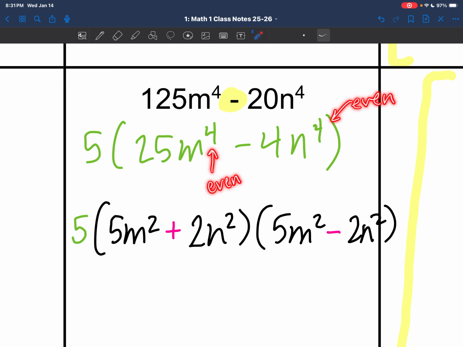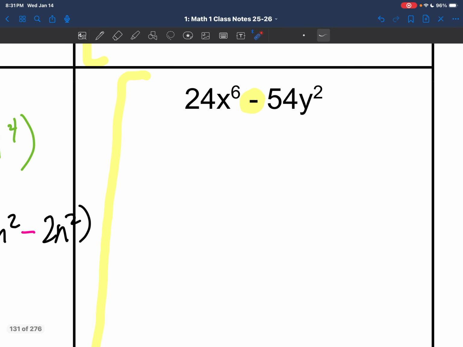So since these are even, we can take the square root of them. So we're going to take the square root of 25m to the 4th, which is 5m squared. And then we're going to take the square root of 4n to the 4th, which is 2n squared. And then remember, opposite signs, and don't forget to bring that GCF down.